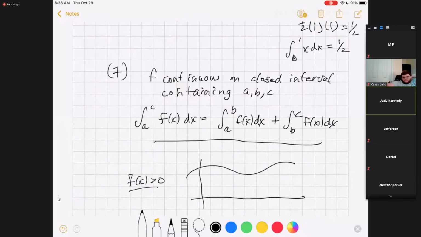And there's my function. Suppose we've got a less than b less than c. Then the definite integral from a to c would be the area of this entire region, right?